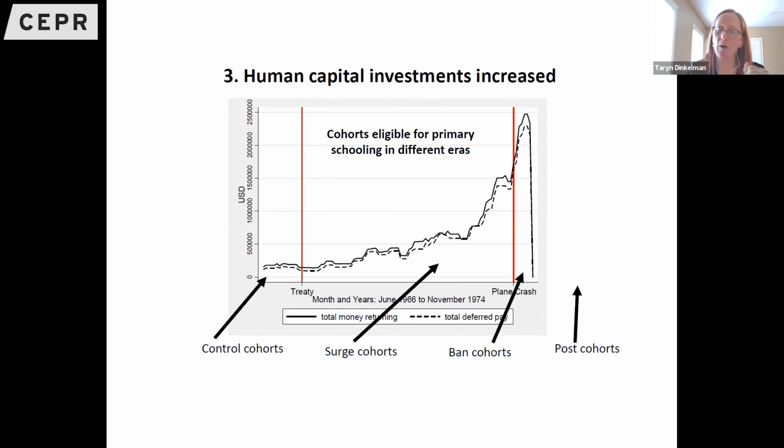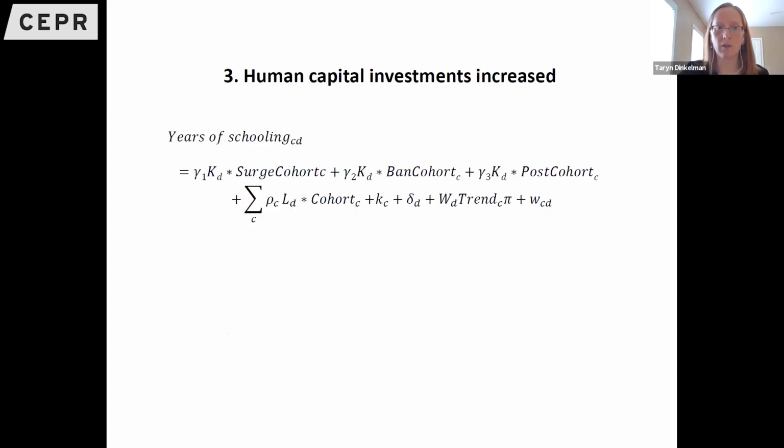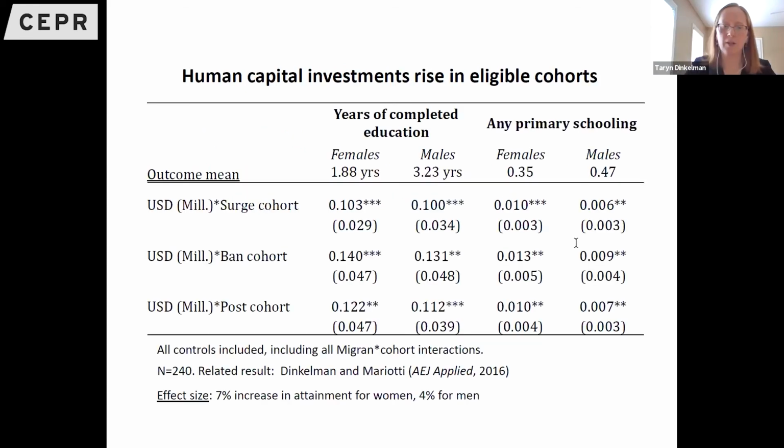And we're going to compare what happens to education for boys and girls, or for men and women. We're observing them in adulthood. What happens for education for men and women in districts that receive different amounts of migrant money for each of these different cohorts? Okay, so let me just show you the results here.